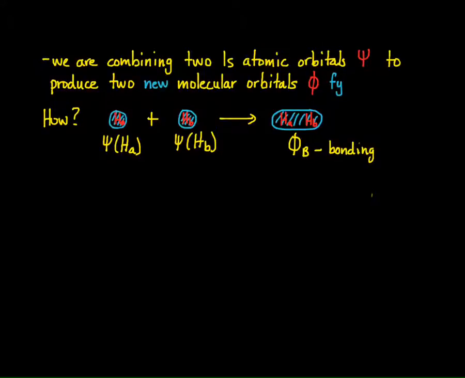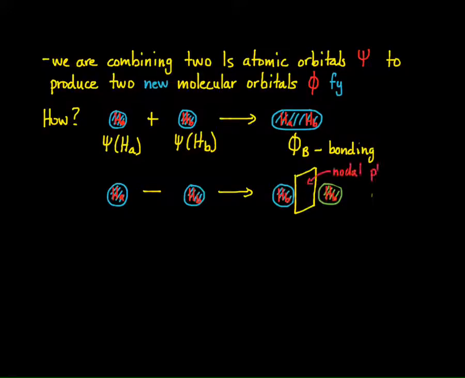There has to be another one. What is that other one? Well, the other one is when we take the wave function of HA, because remember these are wave functions, and we subtract the wave function of HB. The result is that you get an antibonding orbital, right?